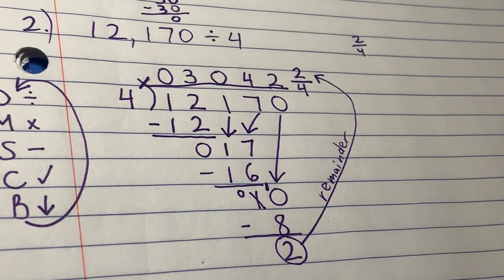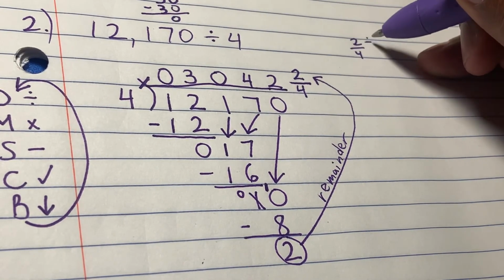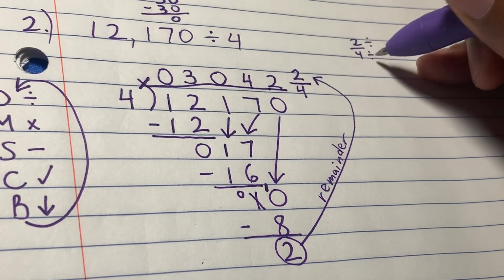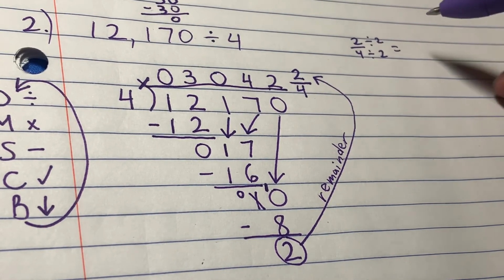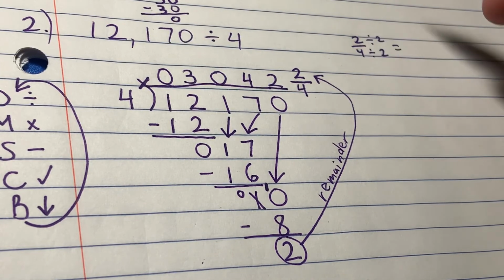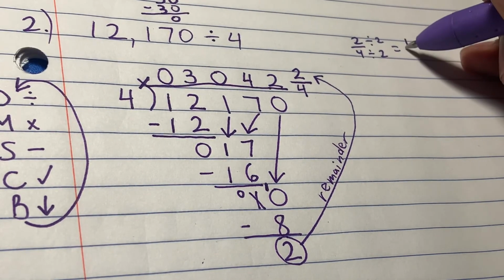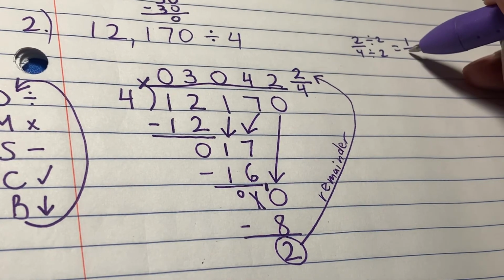I have to find a common factor between 2 and 4. And that common factor is going to be, someone tell me? Yes, it is 2. So 2/4, I want to reduce it. 2 divided by 2 equals 1. And 4 divided by 2 equals 2.